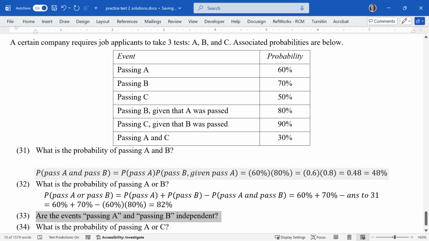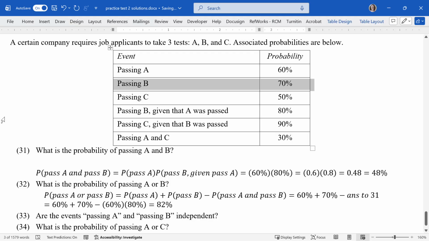Okay, are the events passing A and passing B independent? I'm absolutely sure these are not independent, and the reason I know is I already noted it just when I was glancing through the table. The probability of passing B changes if you know that you've passed A. If you know that you passed A, your probability of passing B goes up by 10%. Look at that. So those two numbers are different, and they're not independent.